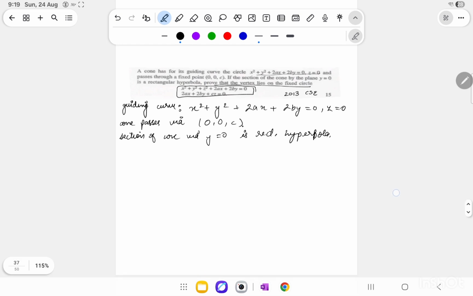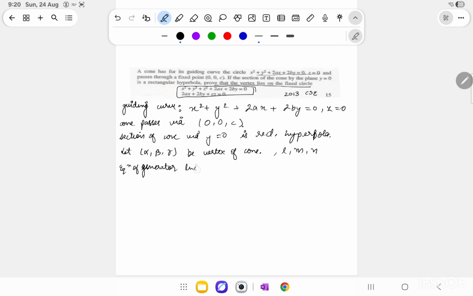So what we can do is assume any arbitrary vertex of the cone and then move ahead. Let us do that. Let alpha, beta, gamma be the vertex of the cone, and let L comma M comma N be the direction of a generator, any line passing via the vertex. So the equation of that line will be the equation of the generator line.